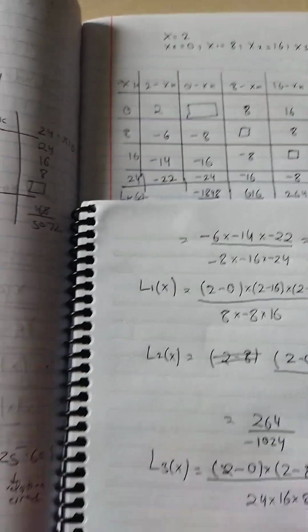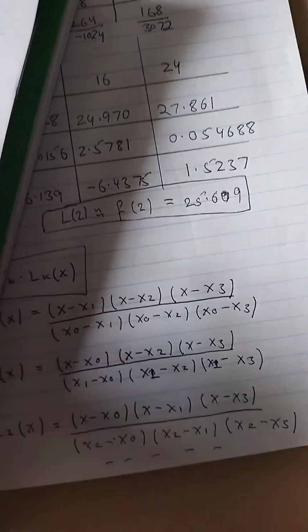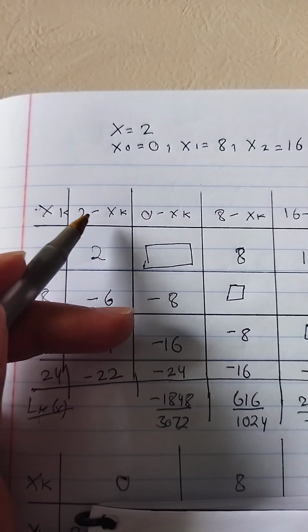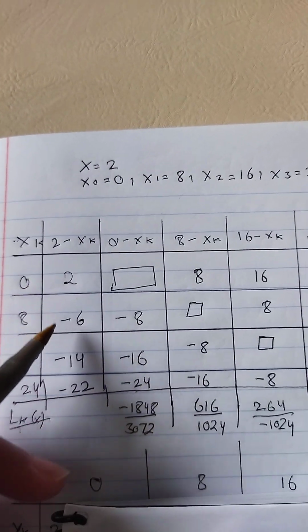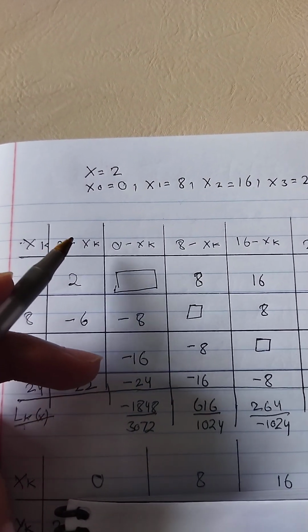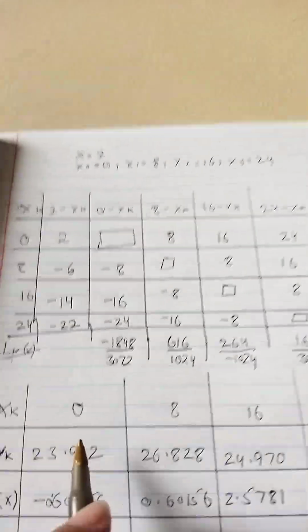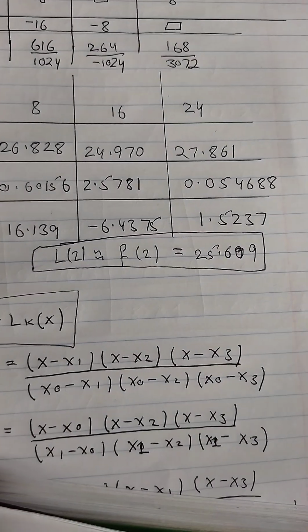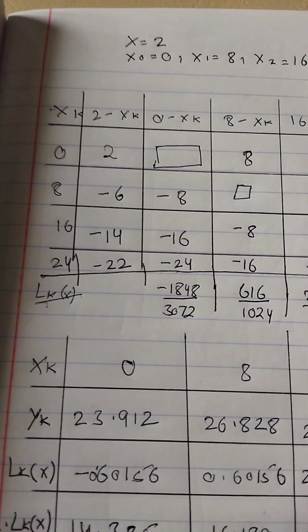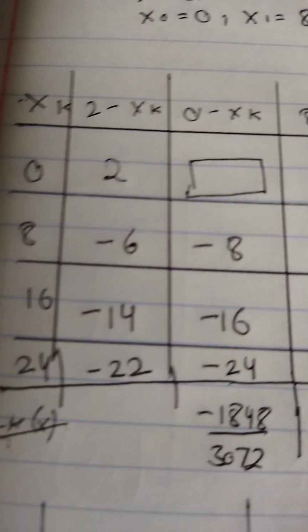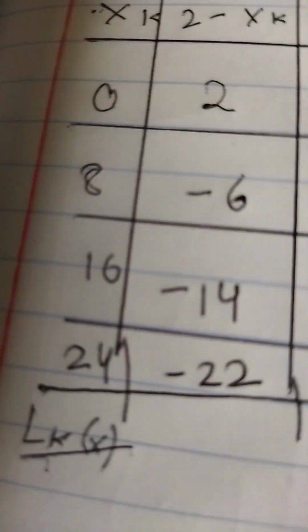We will put the values into the formula, but we have already found the values for the numerator. These are the values for the numerator: x minus xk, so x minus x1 is 2, x minus x2 is minus 6, x minus x3 is minus 14, and x minus x4 is minus 22.